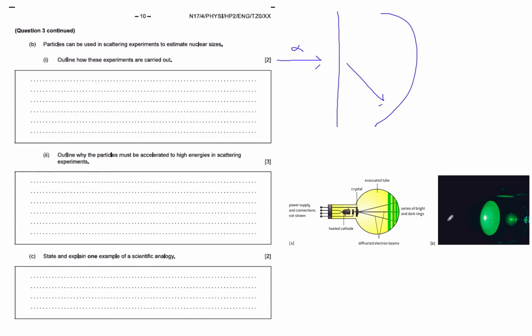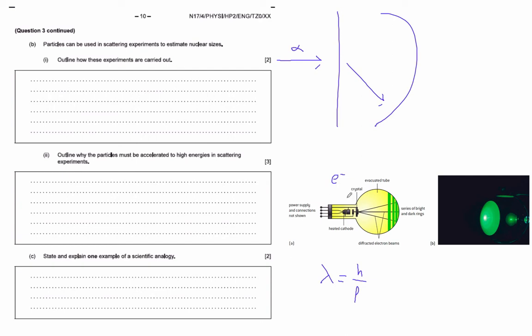But there's another way to do it too, which is kind of cool. You treat the gaps between the atoms as little gaps, and you accelerate electrons up to a high velocity so that they have a really small wavelength. Remember, the wavelength is Planck's constant over their momentum.